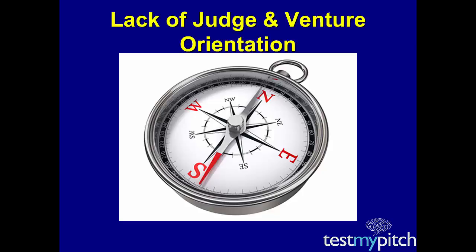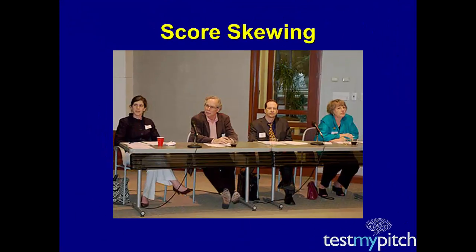And then the judges need to be oriented to that, ideally a week or a few days before, or at the very least on site, so that they have a good sense of how they should be evaluating these ventures and what stage the ventures are at, so that they have the context of what's going on as well.